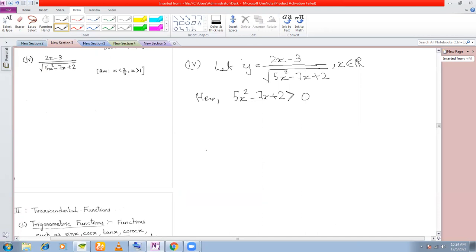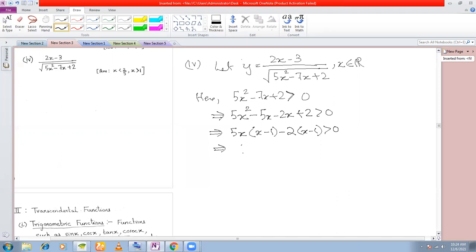Now what happens? So now you factorize this. So you have 5x and 2x are the two factors, minus 5x and minus 2x. So you have 5x into x minus 1 minus 2 into x minus 1 greater than 0.